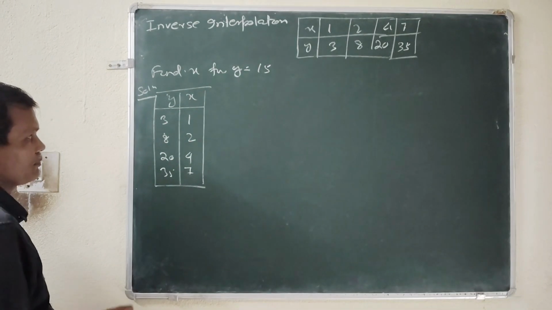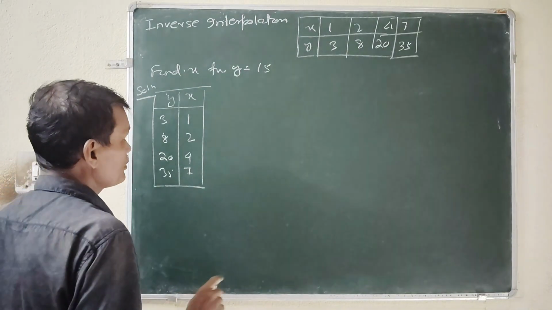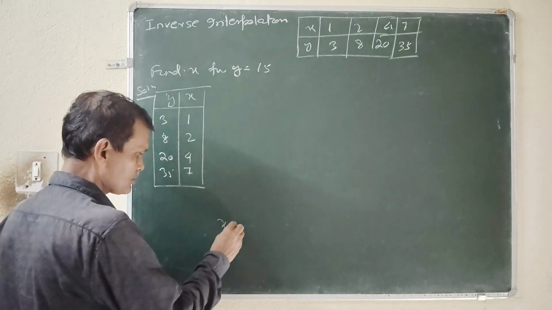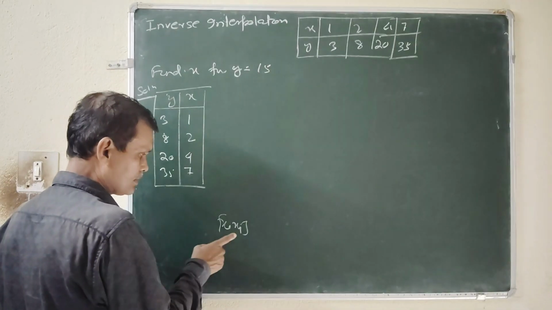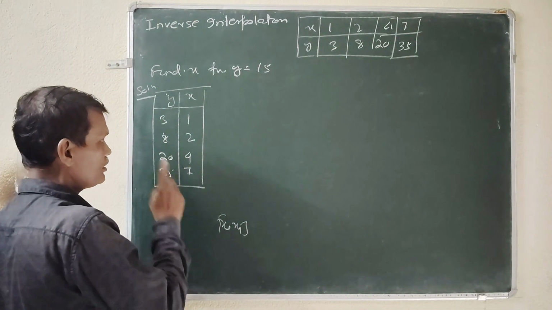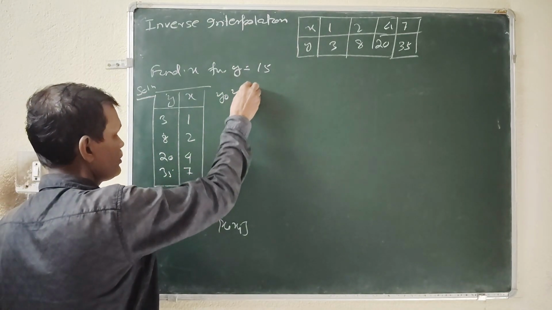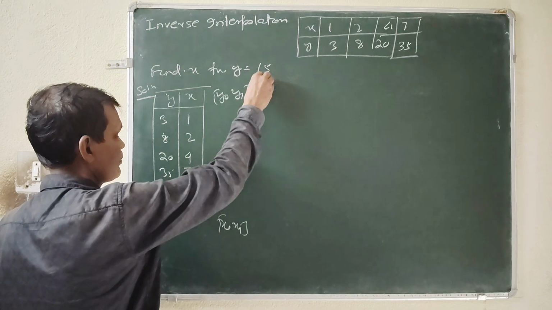Then we have to find the divided difference interpolation. In the previous case we denoted x0, x1, the first column data. Similarly here, as it is inverse interpolation, we will consider y0, y1. Clear? Because y is the first data.